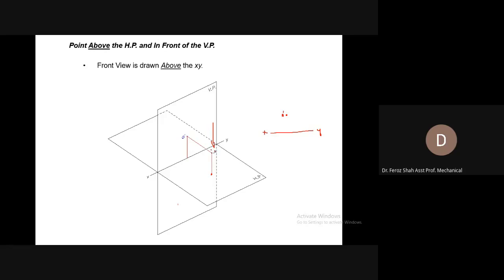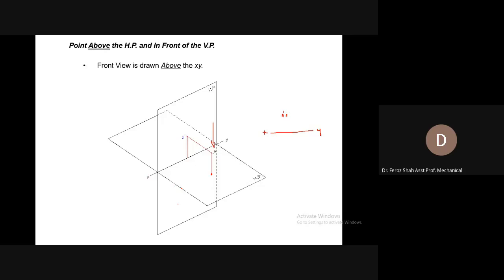Now for the top view, as I told you, looking at it from the top or from the bottom, its image would be drawn on the horizontal plane. Now rotating the horizontal plane about 90 degree in order to merge it with the vertical plane, or to align the top view with the front view. So the top view you can see would be placed somewhere at this position on the vertical plane, means below the XY reference line.